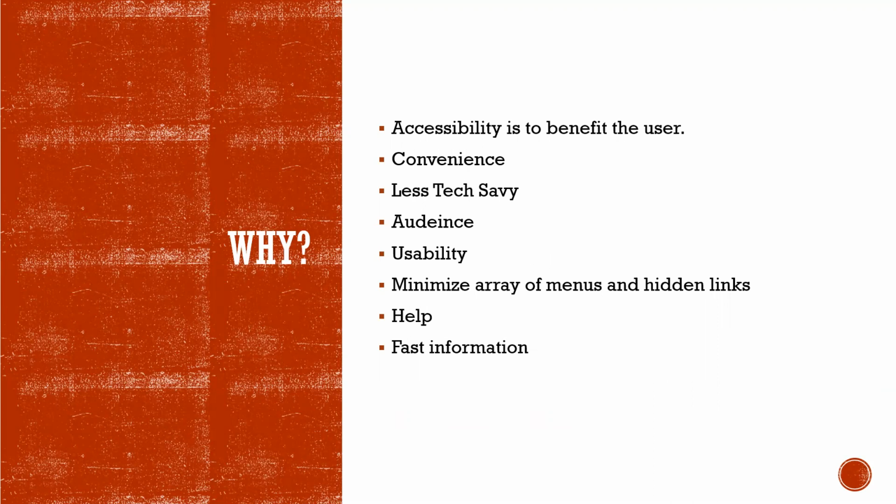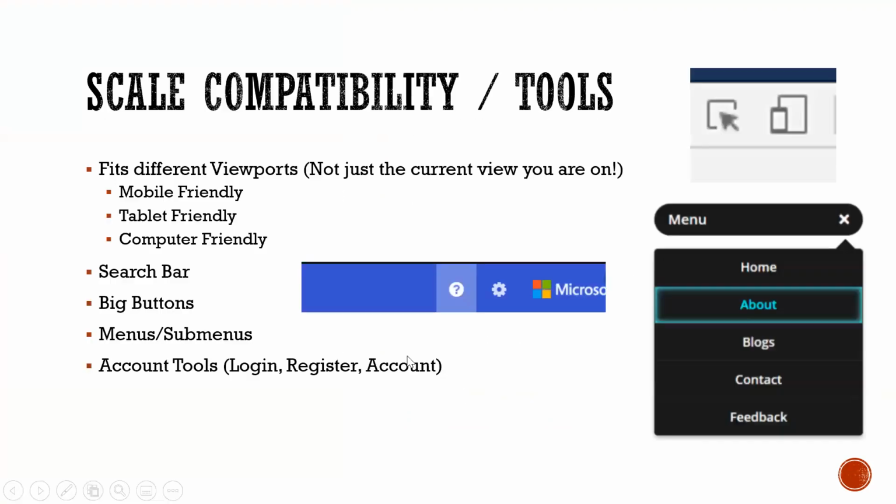If you have an audience of dog lovers, then gear it towards dog lovers. If you have it towards something else, gear it towards something else. For usability, you minimize an array of menus and hidden links inside your page. You can help organize that, with help buttons and fast information.